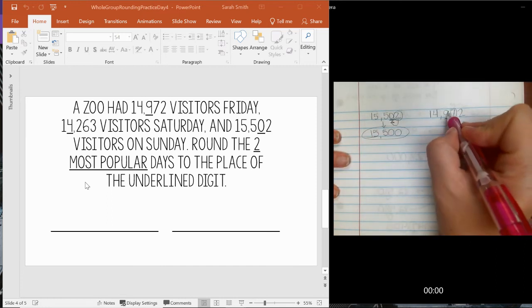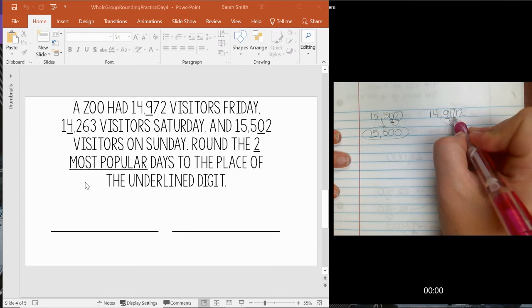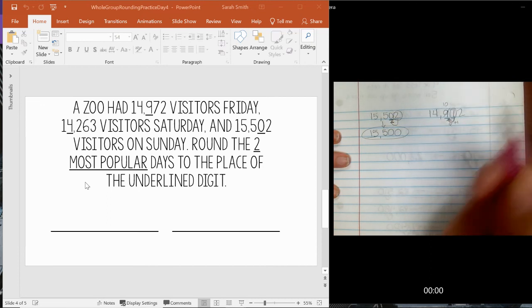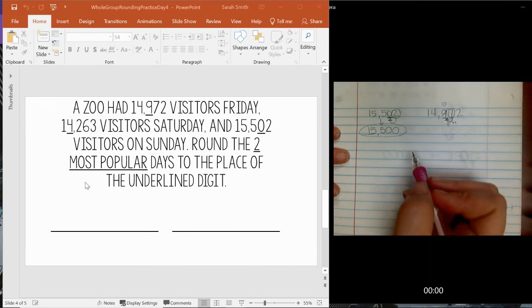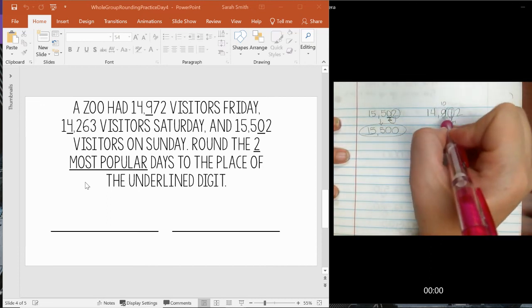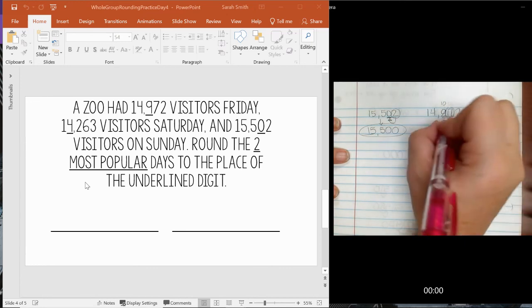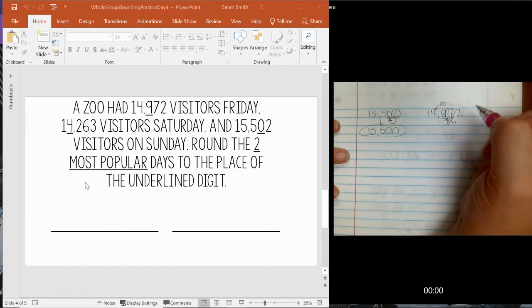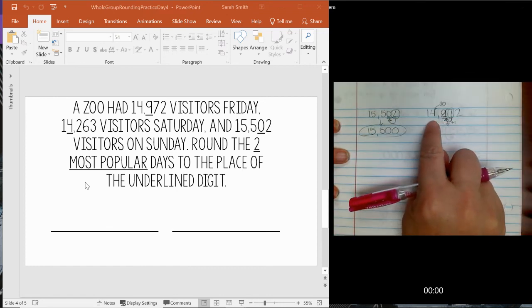Let's do this one. Okay, this is that tricky 9. So we know that that 7 is bigger than 5. 5 or more, go up one more. So that 9 becomes a 10. And what did we learn? We learned that if it's a group of 10, we cannot put it in the hundreds place. We can't put it in a single place. It gets regrouped, because 10 groups of 100 is 1,000.